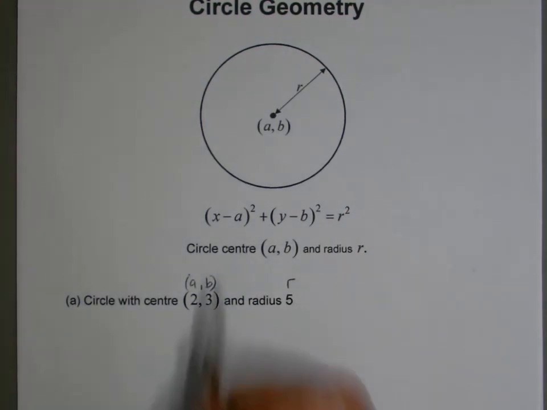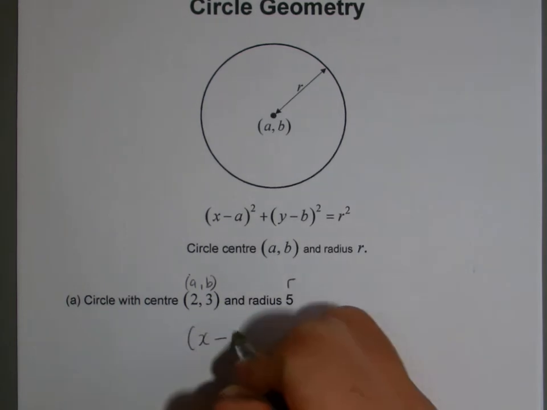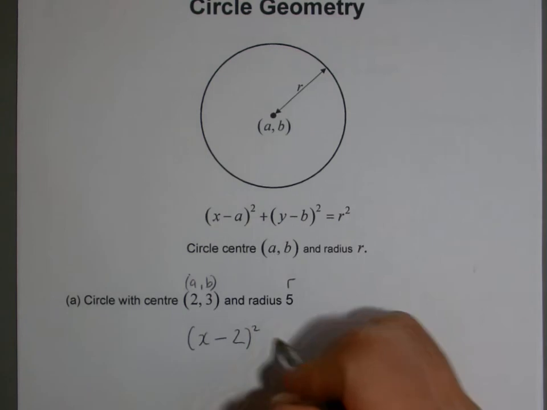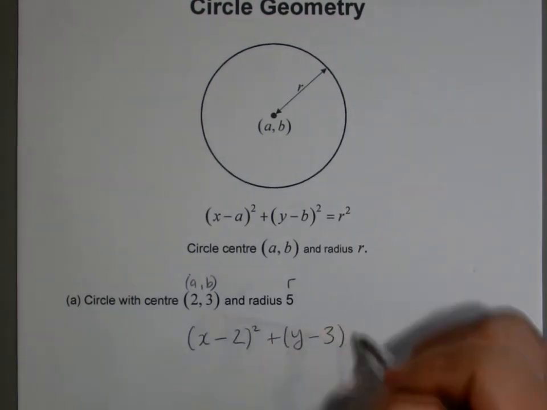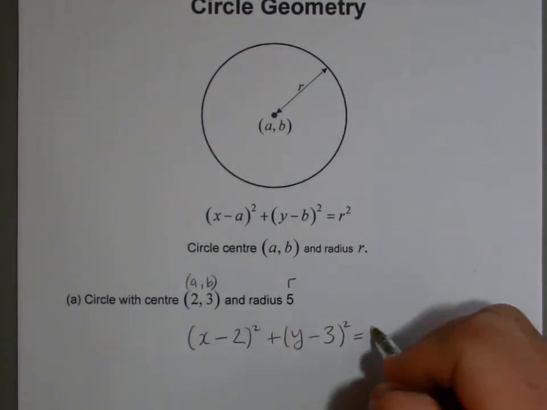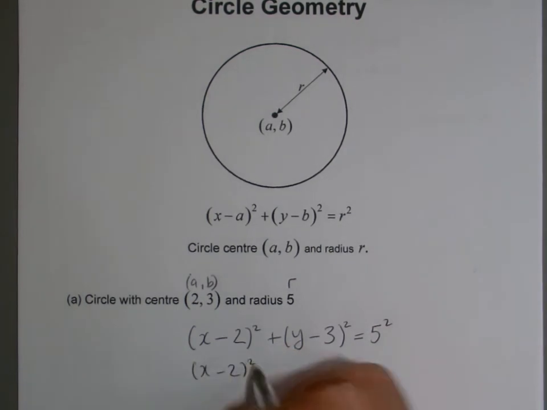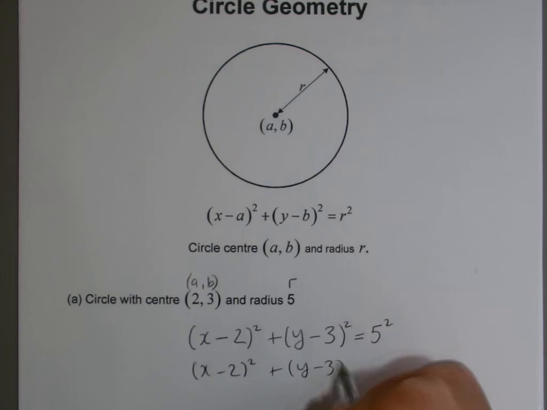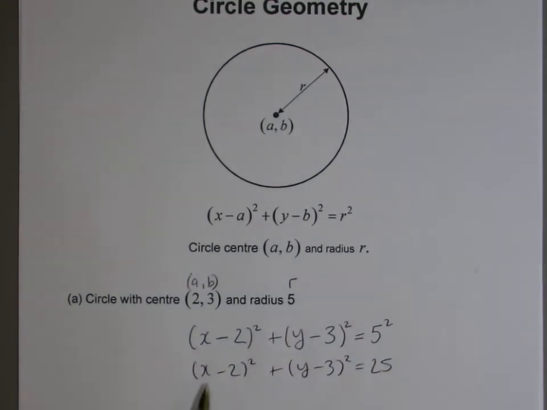Using the general formula, you'll have x minus a, so it'll be x minus 2 all squared, plus y minus 3, because that's what b is, all squared, equals r squared. r is 5, so we'll square that. You end up with x minus 2 all squared plus y minus 3 all squared equals 25. That equation describes this circle with center 2, 3 and radius 5.